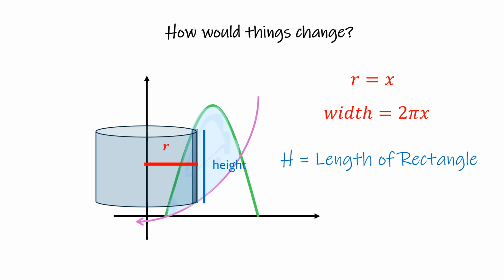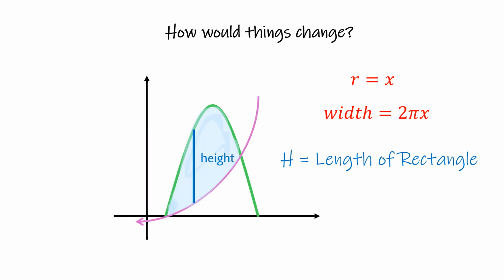But our height is different because the rectangle no longer goes from the x-axis up. And let's go ahead and remove everything so that we get a better look. And we can see that that height is going from the top curve down, so minus the bottom curve.